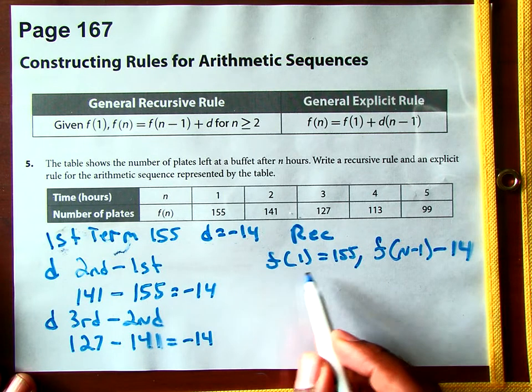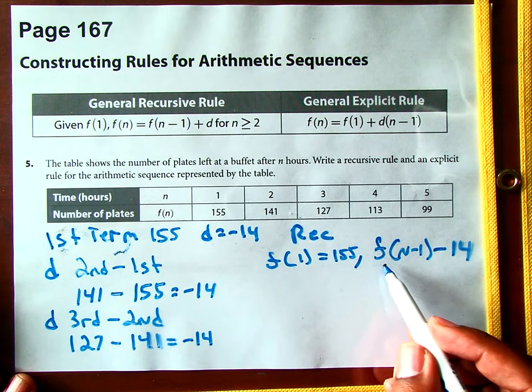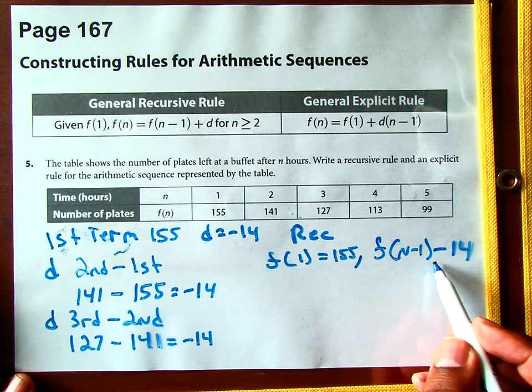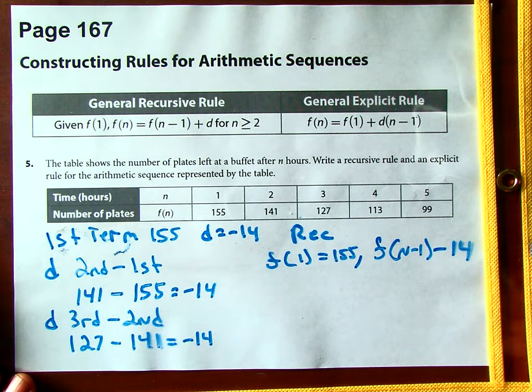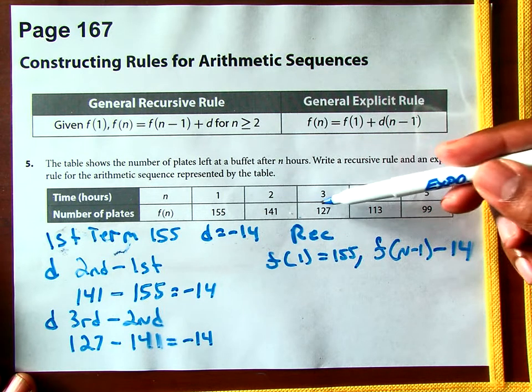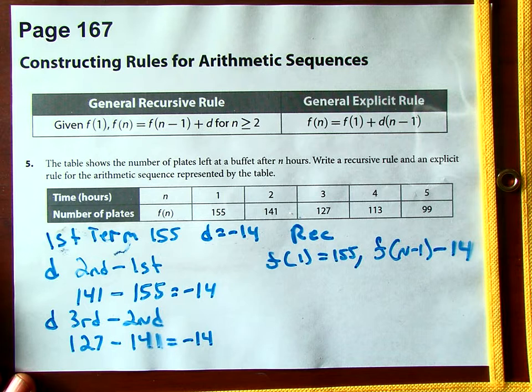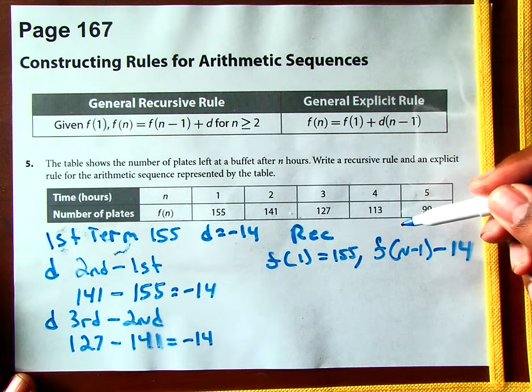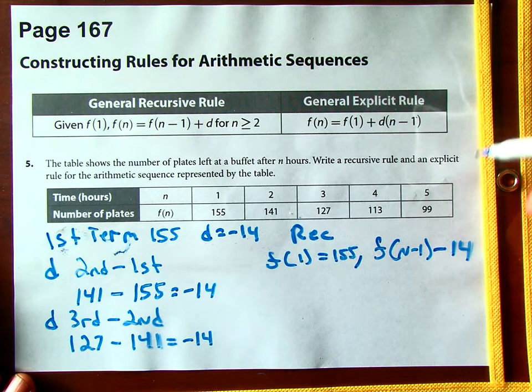And that's it. Given 155, what you need to do is have f of n minus 1 minus 14, which means you're going to take away 14 each time. That's the recursive rule.